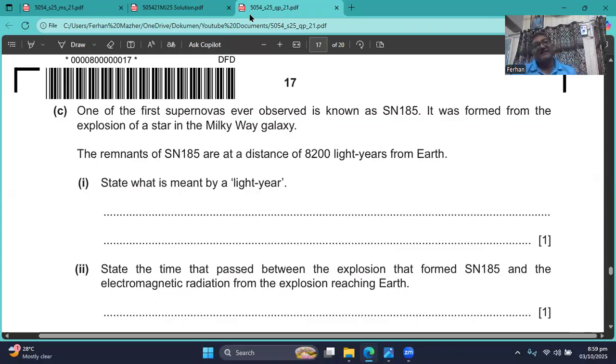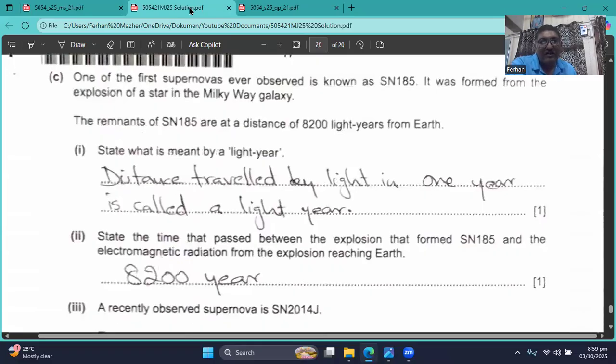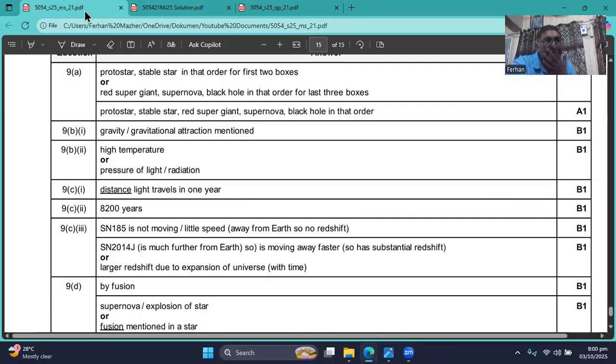A light year is a unit for distance, and it is the distance the light covers in a vacuum in 1 year. The distance covered by light in 1 year is called a light year.